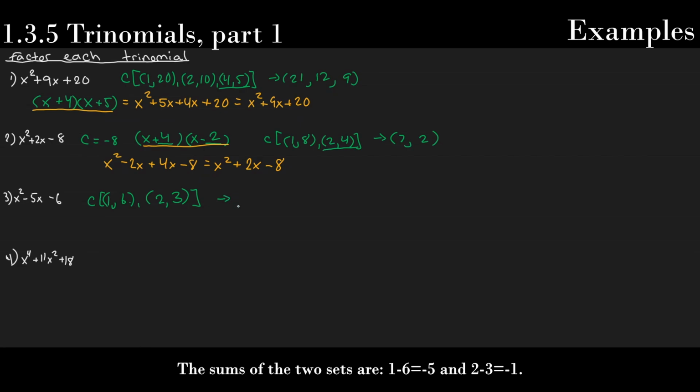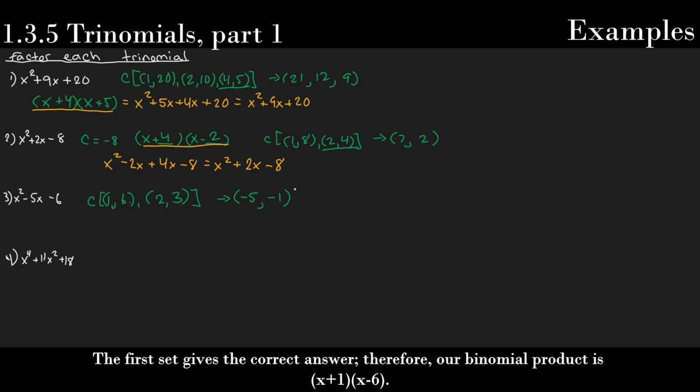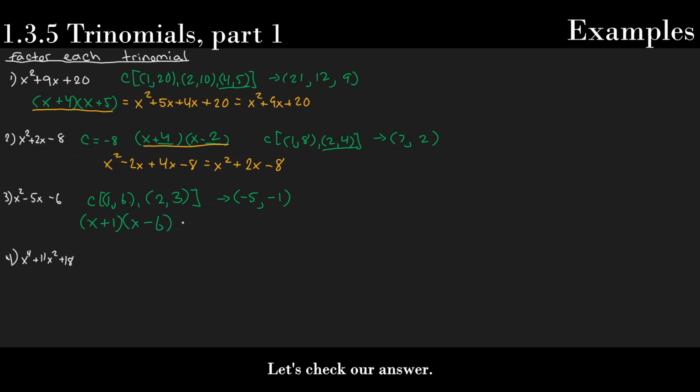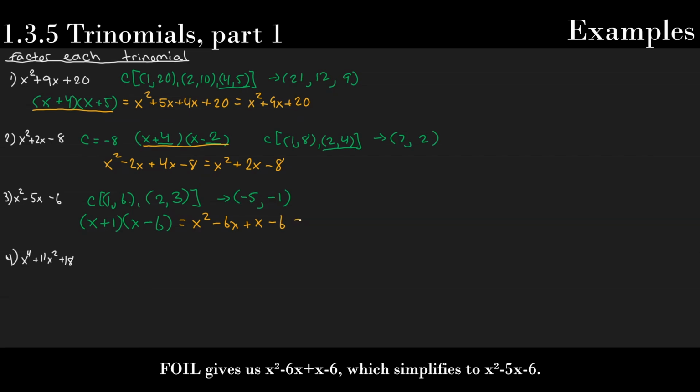The sums of the two sets are 1 minus 6 equals negative 5, 2 minus 3 equals negative 1. The first set gives the correct answer. Therefore, our product is x plus 1 times x minus 6. Let's check our answer. FOIL gives us x squared minus 6x plus x minus 6, which simplifies to x squared minus 5x minus 6. We have the correct answer.